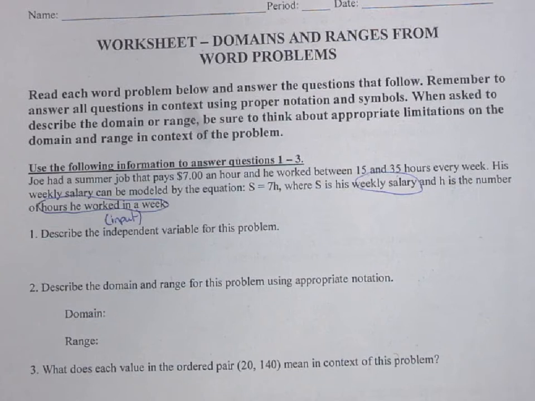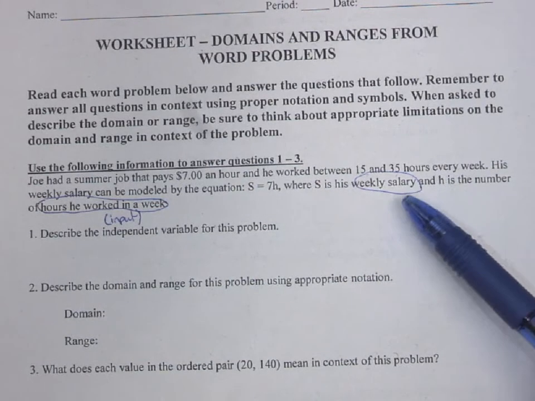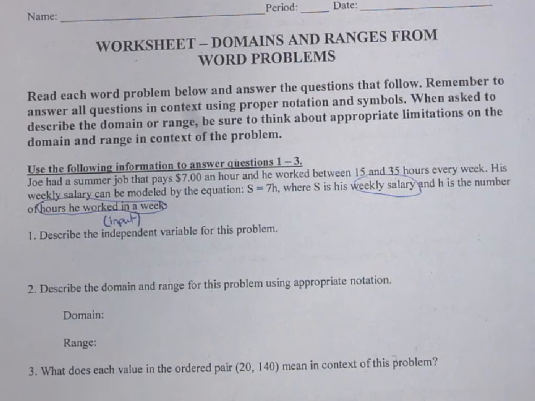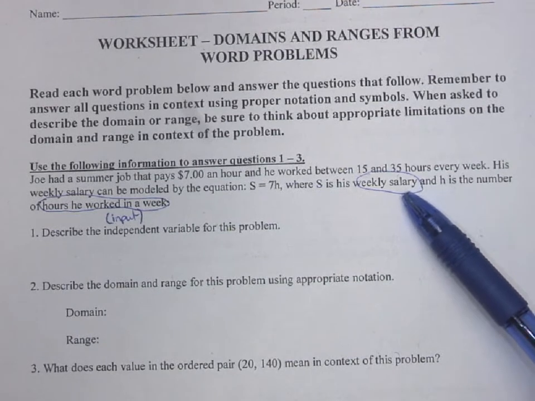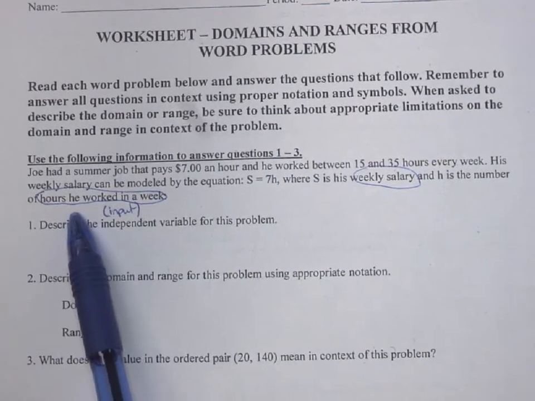One is going to be based on the other one. One's going to depend on the other. So what we have to think is which depends on which. In this case, weekly salary is going to depend on the hours that he worked. So weekly salary is dependent, and hours is independent.